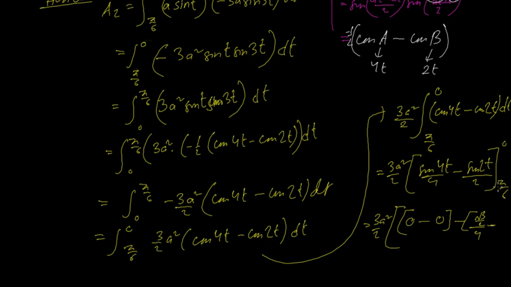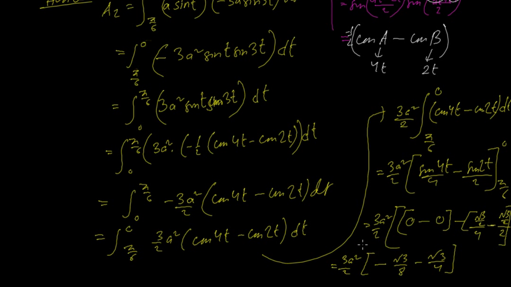Pi by 6 is 30 degrees, so 2 into 30 degrees is 60 degrees. Sine 60 degrees is also root 3 by 2 and we have divided by 2. So that means 3a square, now we can write minus root 3 by 8 minus root 3 by 2 divided by 2 is root 3 by 4.